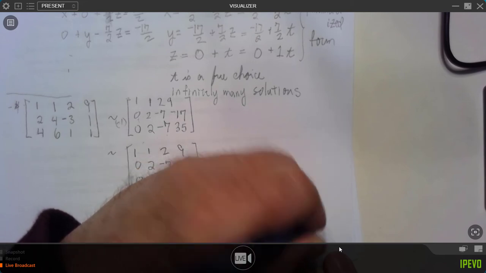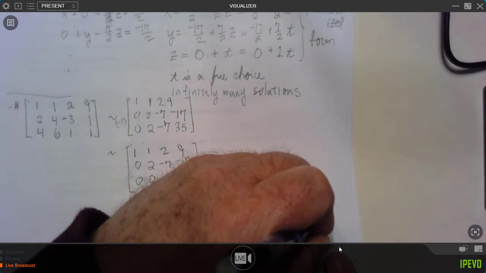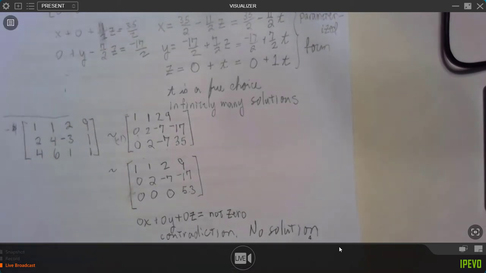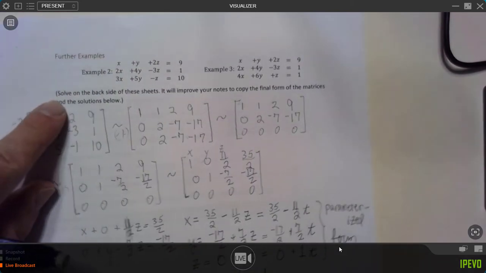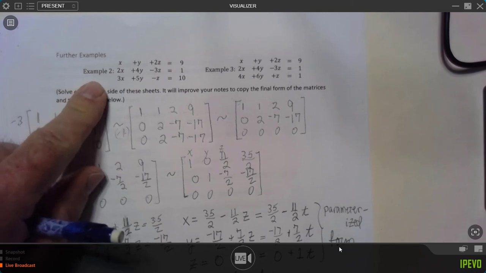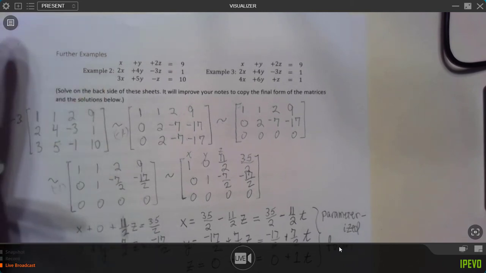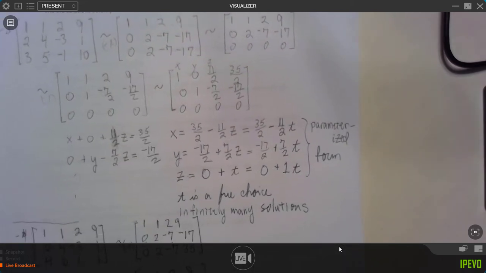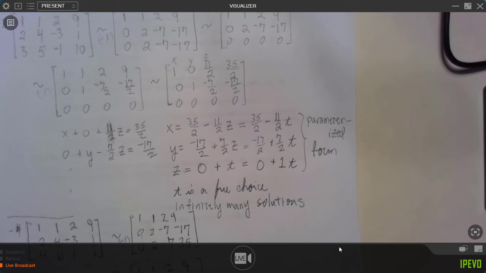And it turns out that that is exactly the three possible cases when you solve a system of linear equations. This one had 3 equations and 3 unknowns, but it doesn't matter how many unknowns or how many equations you have. You will always land in one of these 3 cases.